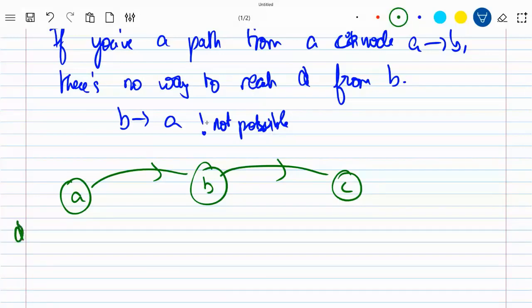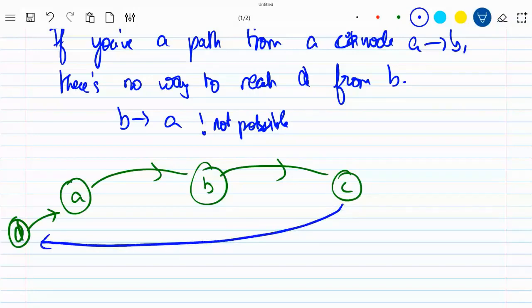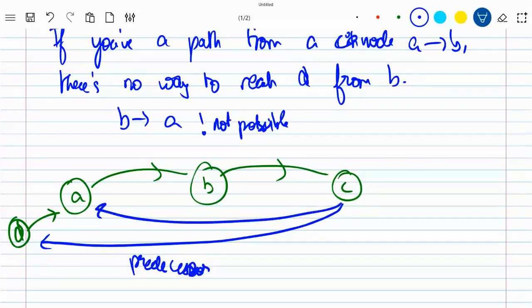The only way I could reach A from C is if I come from C to D to A, any predecessor of A in this directed graph, or from C to A, and any path which I take would construct a cycle.